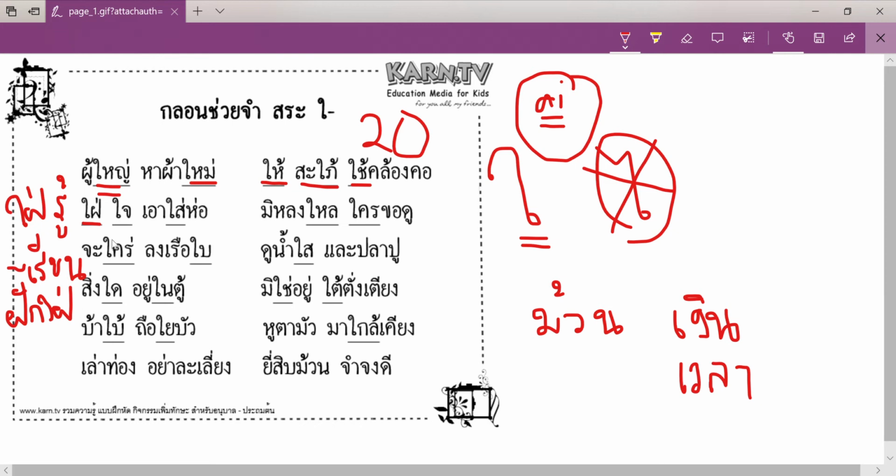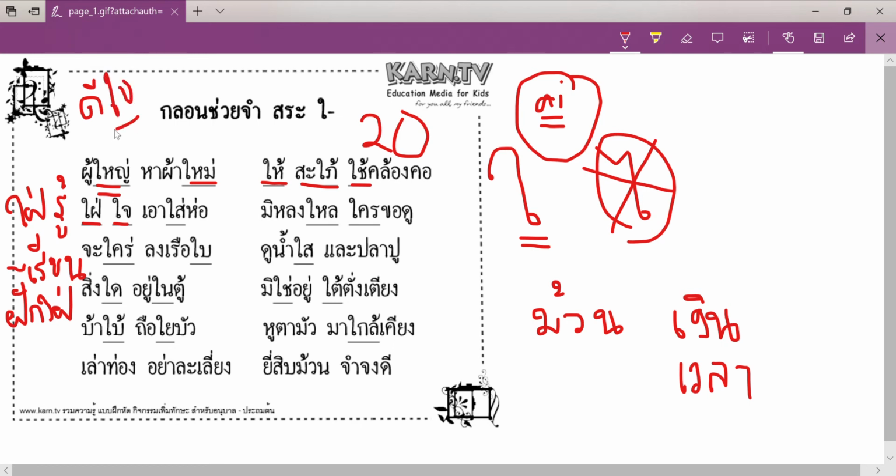Okay, ใฝ่ and ใจ. ใจ means heart, so your heart, หัวใจ. Like ดีใจ, ใจดี. If you know what that is, ดีใจ means happy.